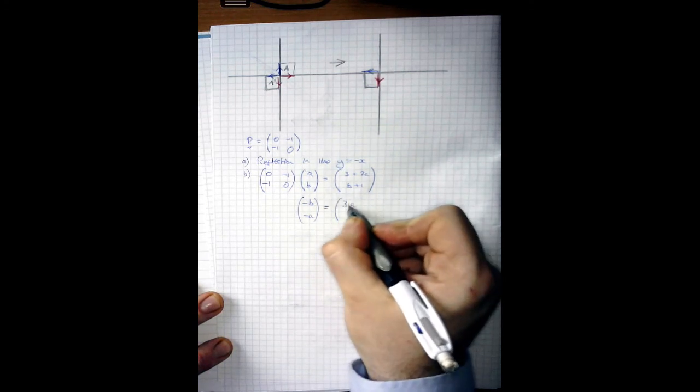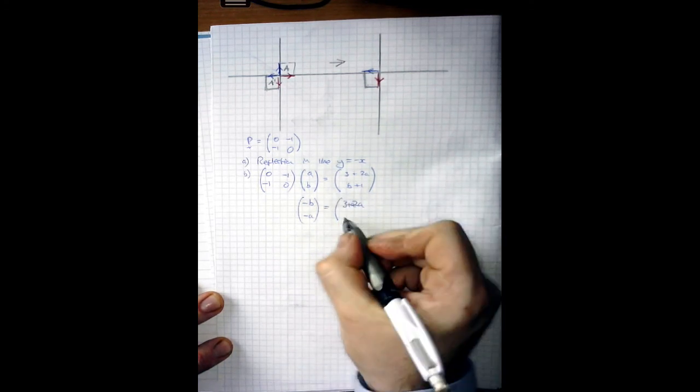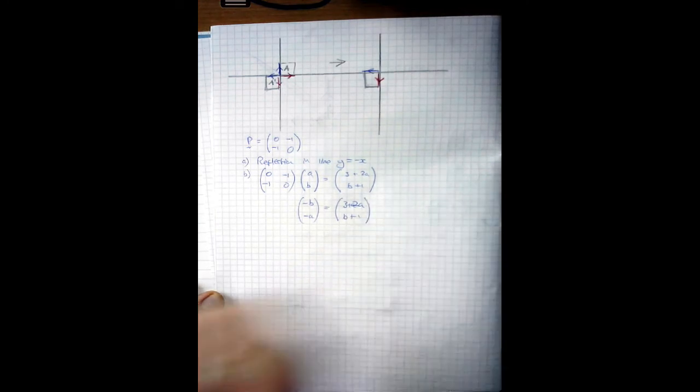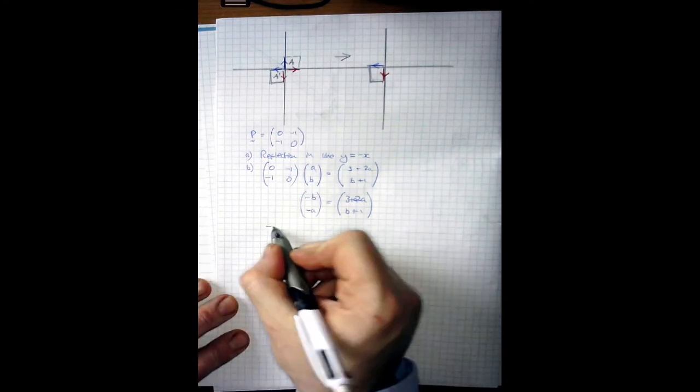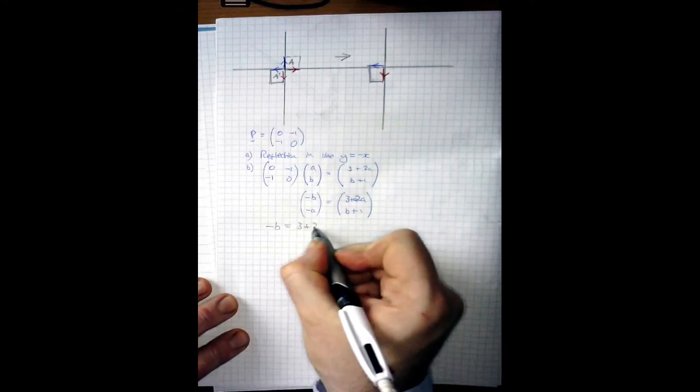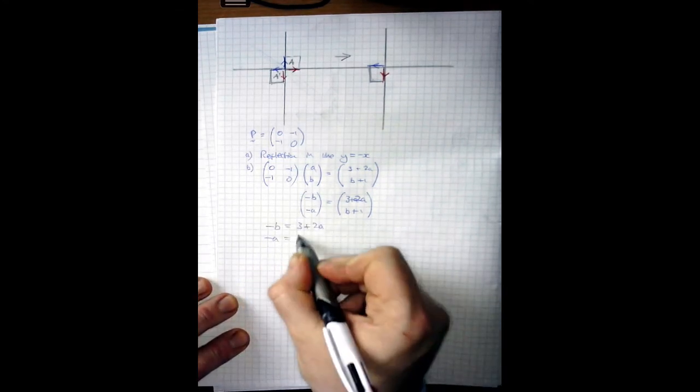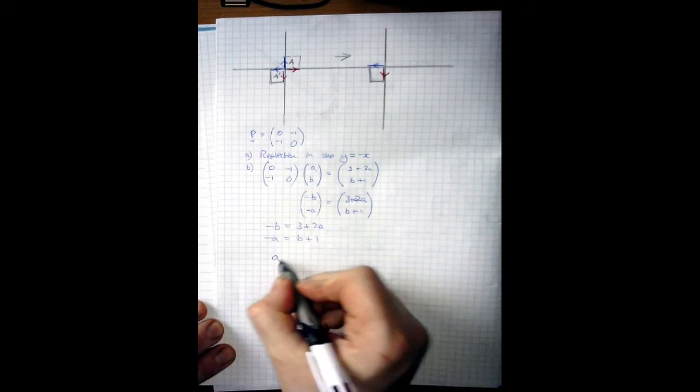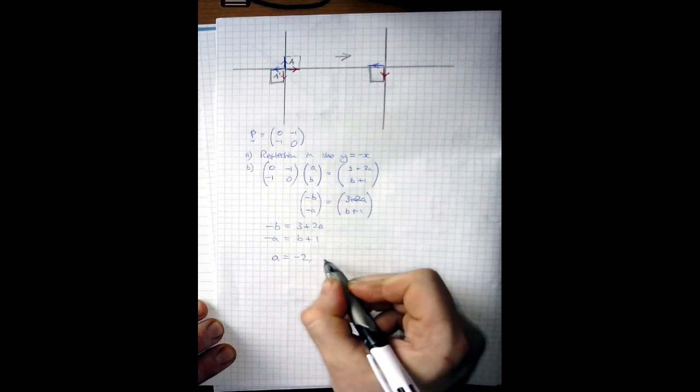That equals 3 plus 2A, B plus 1. So I have minus B equals 3 plus 2A, minus A equals B plus 1. Solving them simultaneously gives me A is -2 and B is 1.